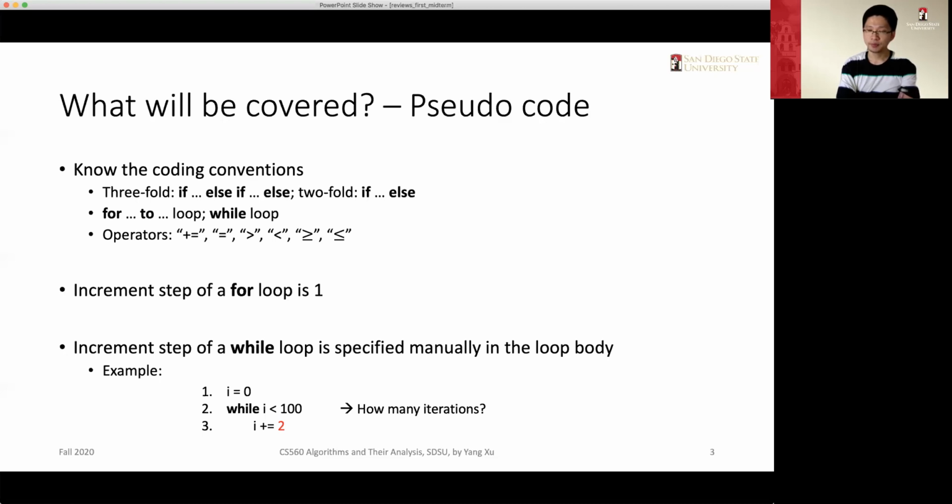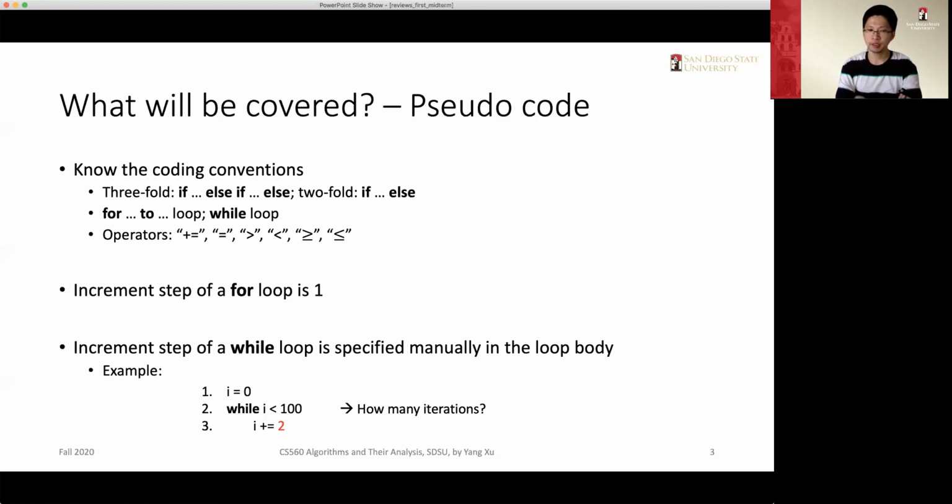You can consider how many iterations have been executed in this code. I will start with 0, and the next value of i will be 2 and then 4.